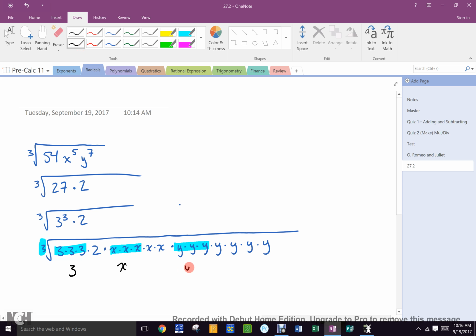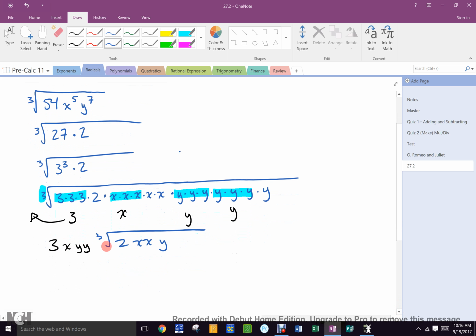So out comes a Y. Is there a group of 3? So out comes another Y. This is what comes out: 3 X, Y, Y. And what did I leave under there? The 2 X, X, Y.